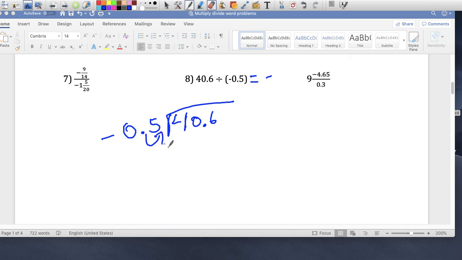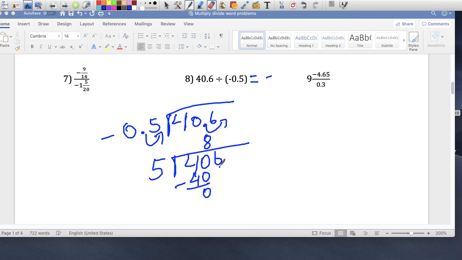So this is going to move over once, so we're going to get a 5. And this is going to be moved over once, so I'm actually going to have 406. 5 goes into 4? No. 5 goes into 40 8 times. Subtract. 0. Bring the 6 down. Can 5 go into 6? It can go in 1 time.